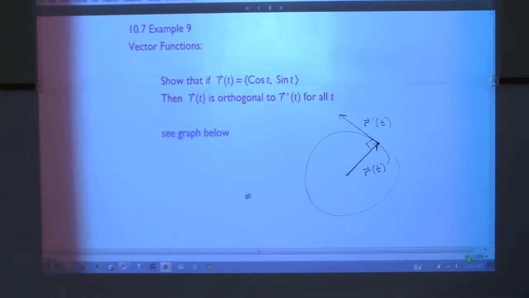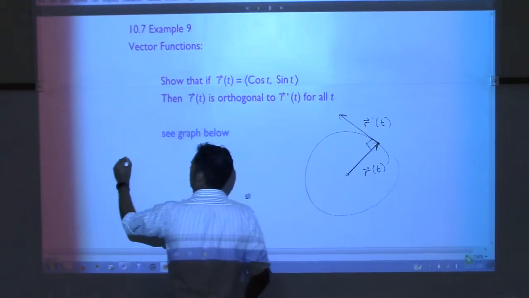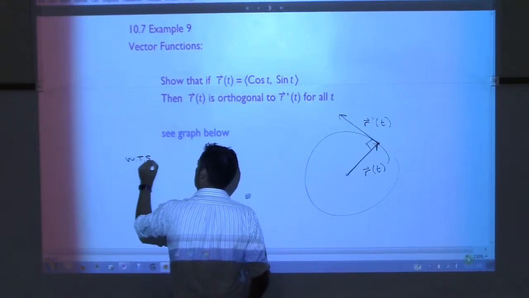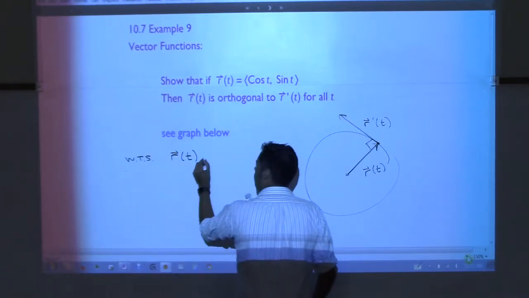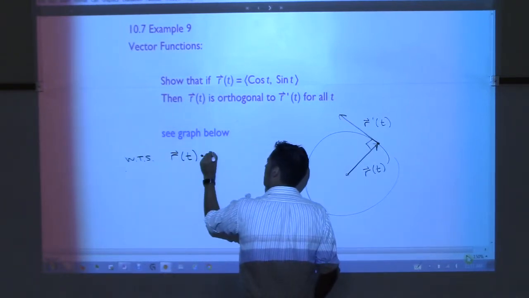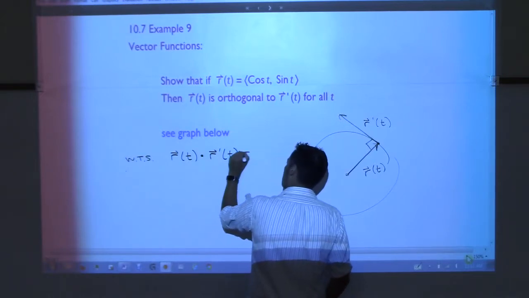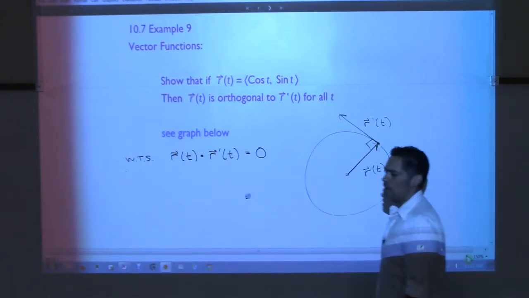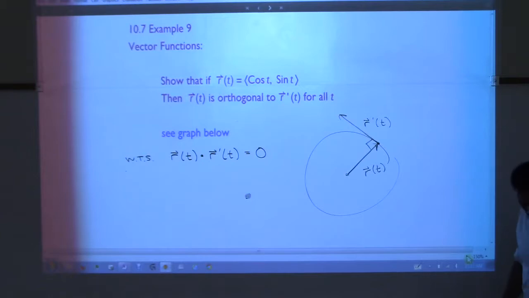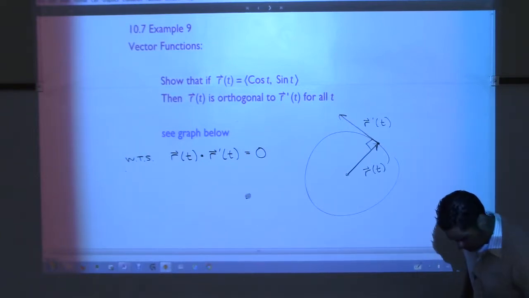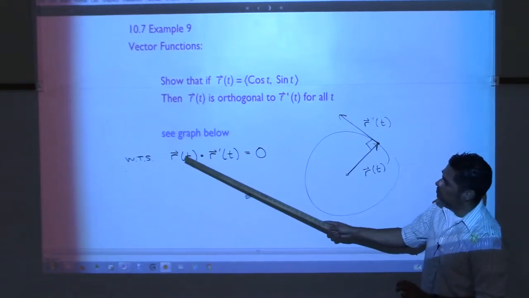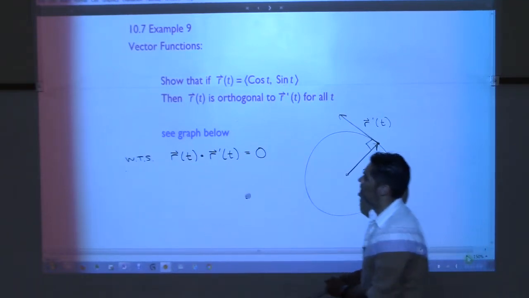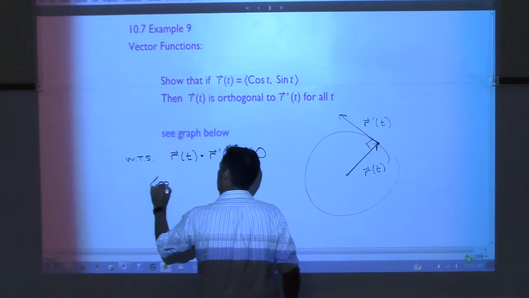So I want to show, I'm going to put WTS, which means want to show, that the vector function r of t, dotted with its derivative, is equal to 0. If I can show that, I'm done, right? Okay, so what is r of t? It's just that vector cosine t, sine t.